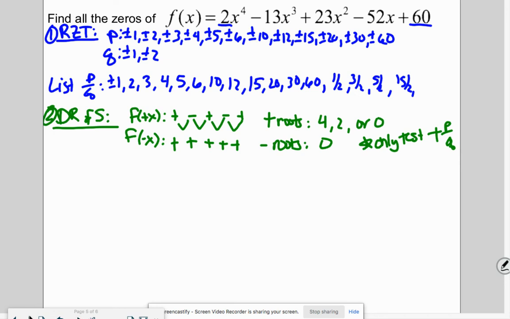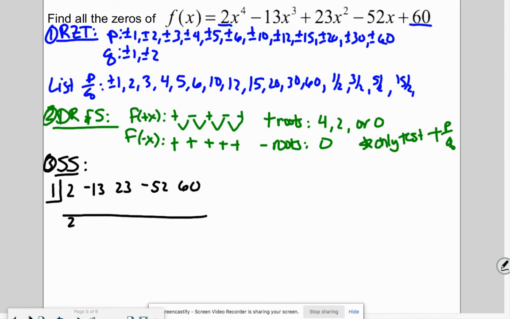So we start our synthetic substitution now. Okay, so number 3, synthetic substitution. This is a long process, and I'll tell you, I started with 1 and I just kept going. So here's starting with the value of positive 1. We have 2, negative 13, 23, negative 52, 60, and we add down, multiply.